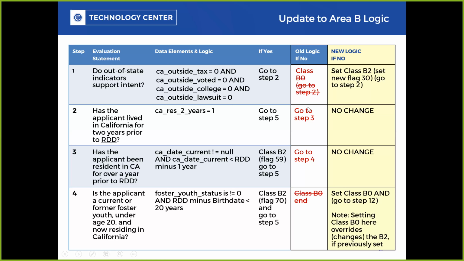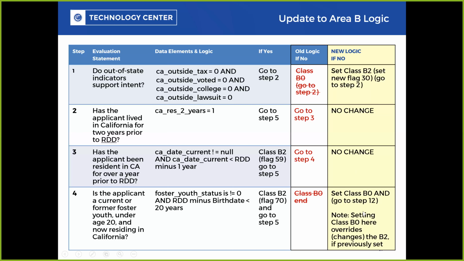If it's no, no, no, haven't been here 2 years, haven't been here 1 year, but they're a foster youth, then we're going to give them the possible resident B2 right here and a flag, and then let them carry on through the rest of the logic. So we changed step 1, no change to step 2 or 3.